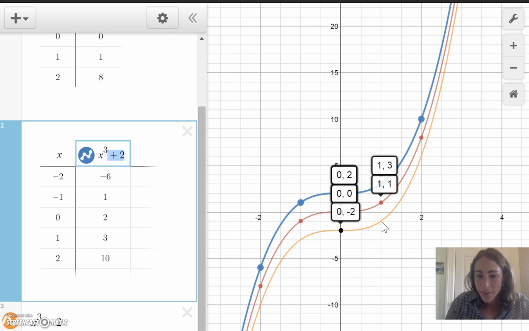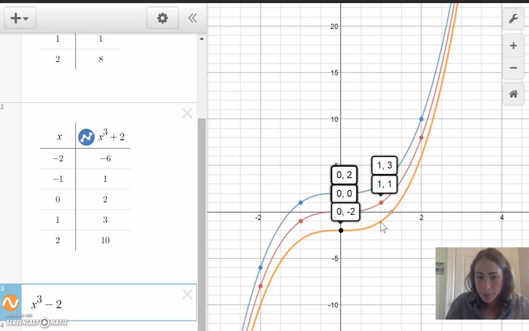So now, on the orange graph, when we plug in 1, we get... anyway, you plug in 1, you get -1. So what do you think the equation for the orange graph is? Well, actually I gave it to you. It's right here. X cubed minus 2.